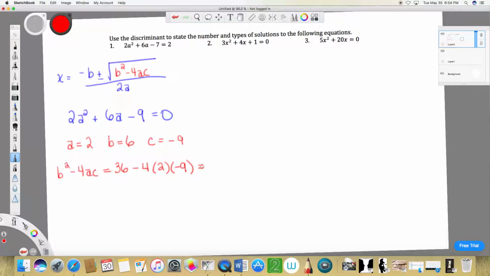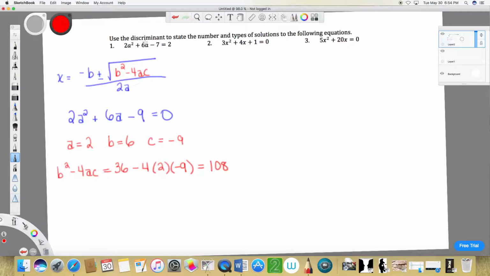And if we do this arithmetic, I don't have a calculator that displays online like I do at school. So I'll have to, I'm getting 108. 108 is not a perfect square. It is divisible by 36, but it's not a perfect square.